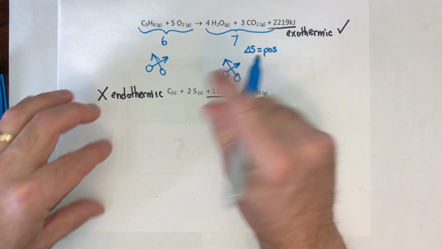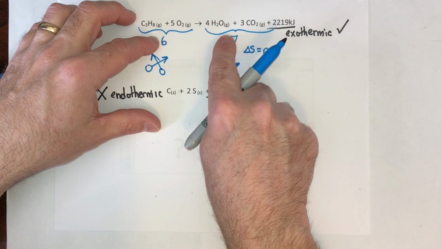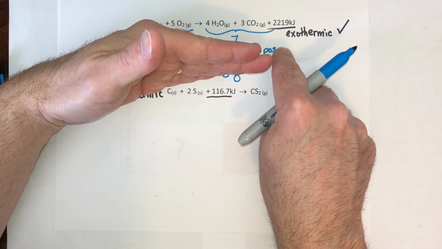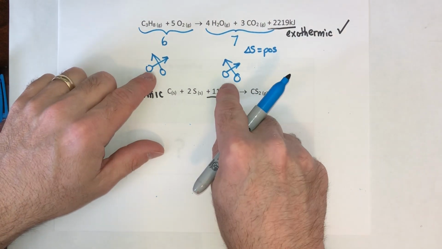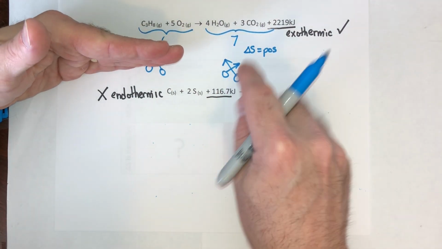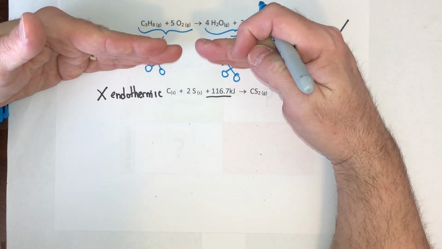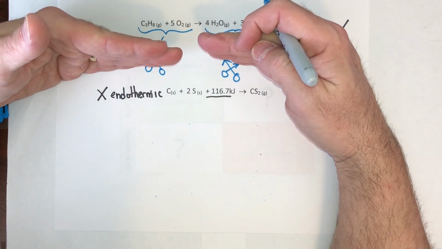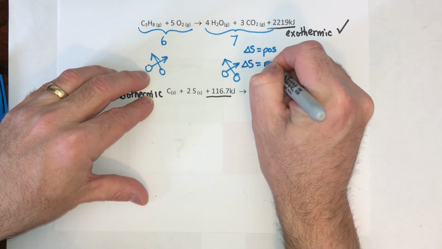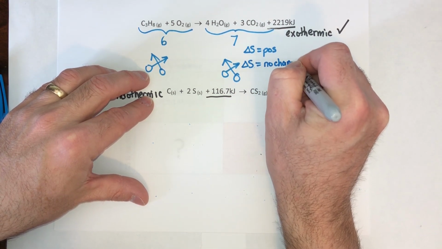So based on the numbers, you will get an increase in entropy, a little bit of an increase in disorder. Based on solid, liquid, and gas, you're going from all gases to all gases. That's not really a change, right? So based on solid, liquid, and gas, I would say the delta S is no change.